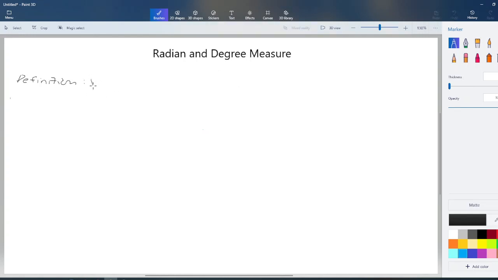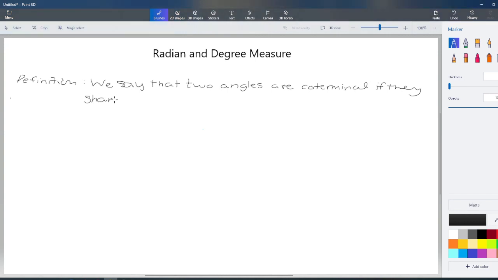So we say that two angles are coterminal if they share a terminal side in standard position specifically.